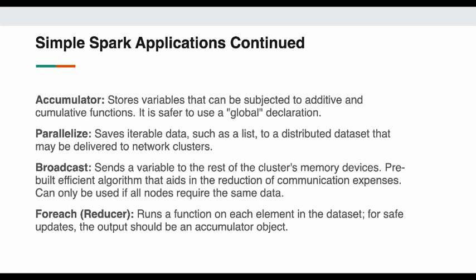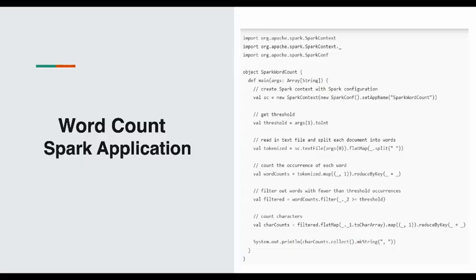Broadcast sends a variable to the rest of the cluster's memory devices. It is a pre-built efficient algorithm that aids in the reduction of communication expenses, and can only be used if all nodes require the same data. Foreach, also called reducer, runs a function on each element in the dataset. For safe updates, the output should be an accumulator object.